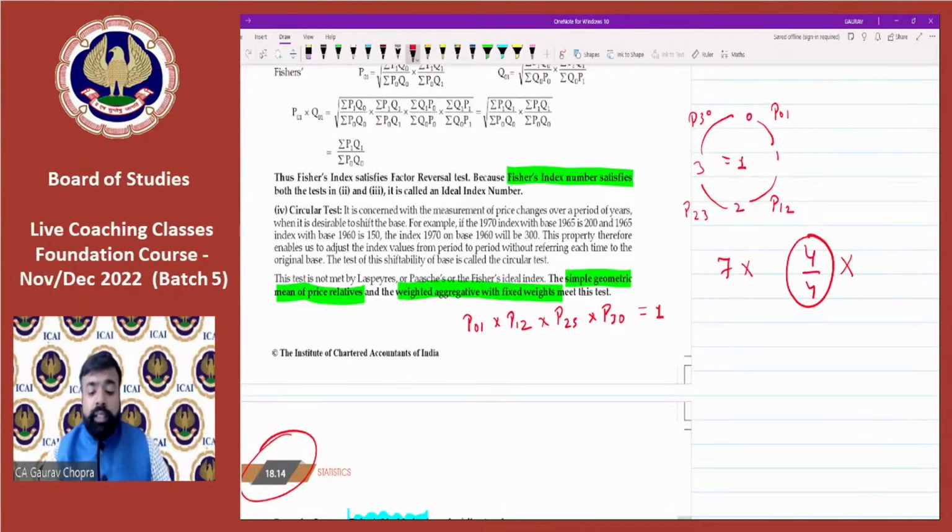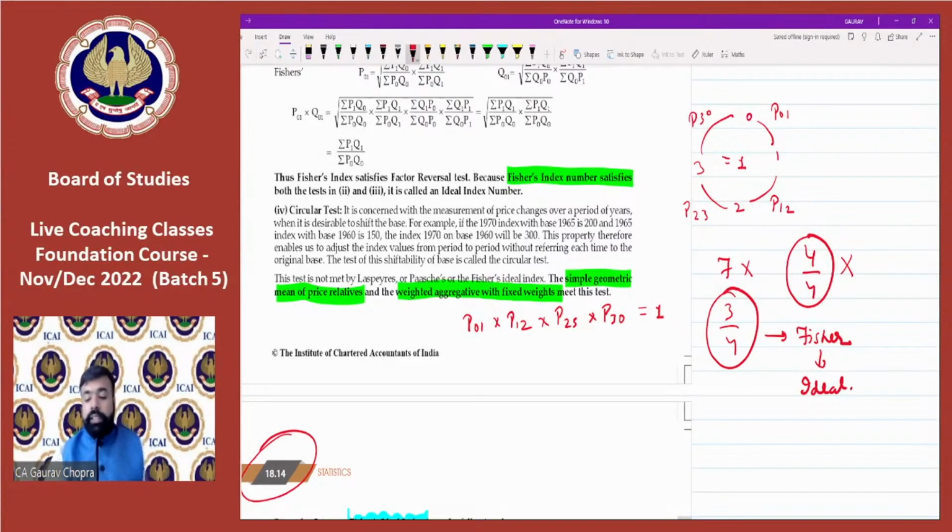Now we can check 3 out of 4. Which formula satisfies 3 tests out of 4? Only Fisher, which satisfies 3 tests except the circular test. So Fisher is known as the ideal index number, the best index number, because it satisfies the majority of the tests.